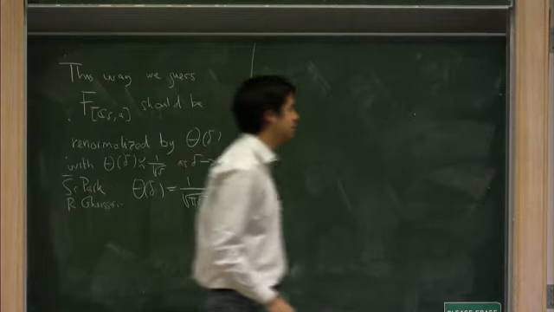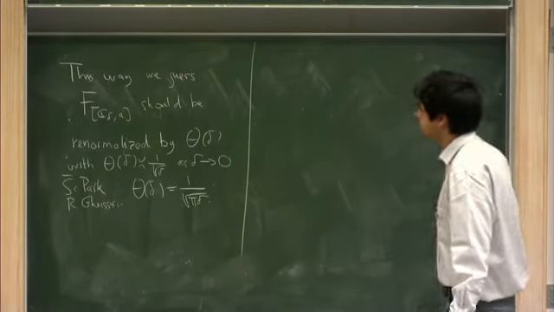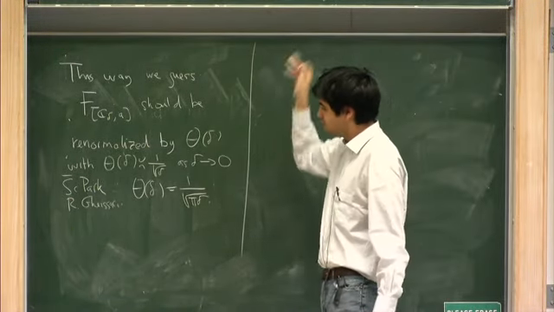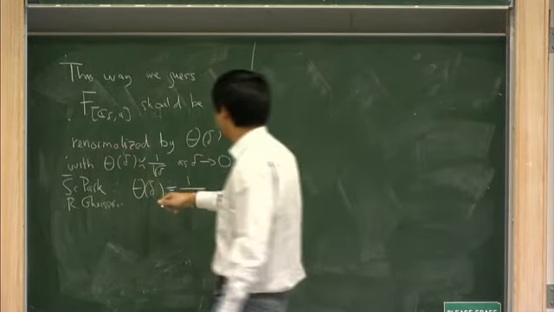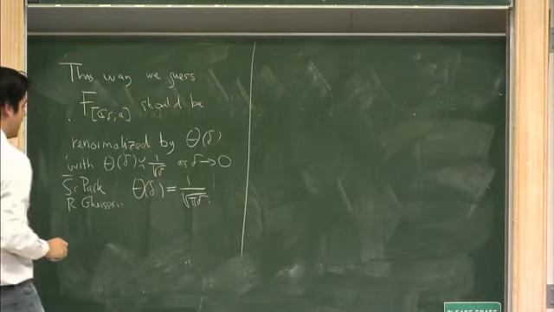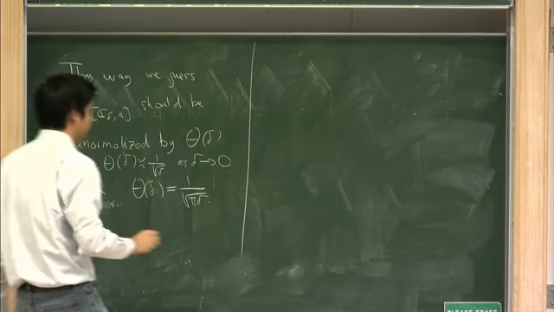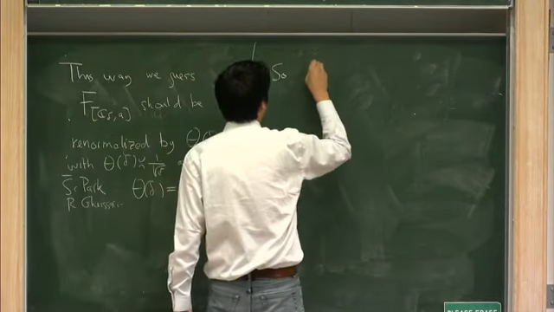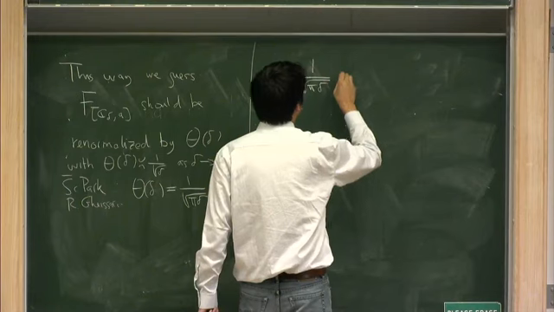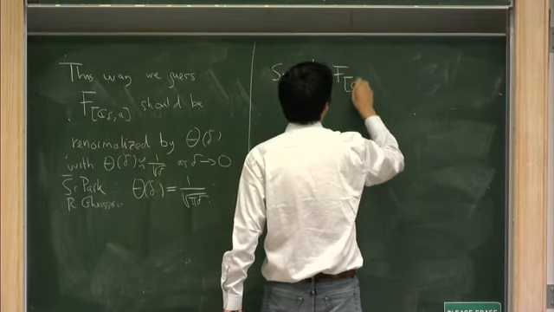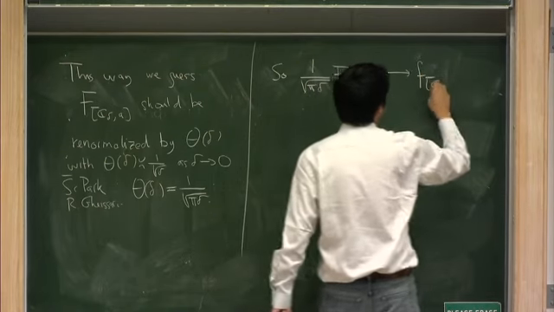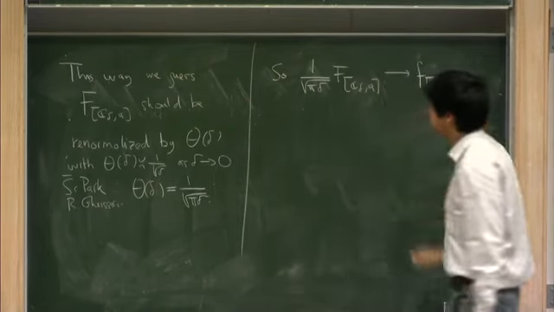Somehow it helps for concreteness, but it's not technically necessary for the proof. They proved that you can choose theta delta to be 1 over pi times delta. So the statement is that 1 over square root of pi delta times this function converges to this function.